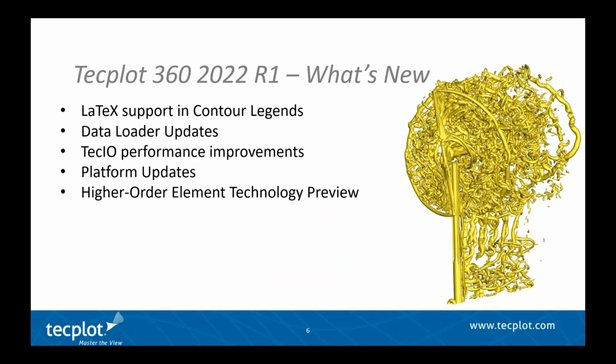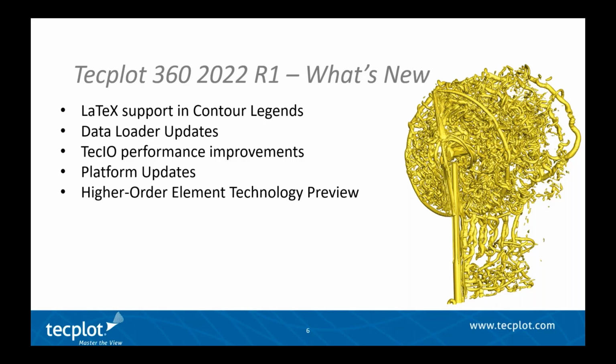Okay, let's get into the meat of today's webinar, which is what's new in 360 2022 R1. We're going to introduce LaTeX support in Contour Legends. We'll talk about data loader updates, a performance improvement to our TechIO library. If you're not familiar with TechIO, that is a linkable library that allows you to write Tecplot data file formats, ASCII, SZL, and PLT formats.